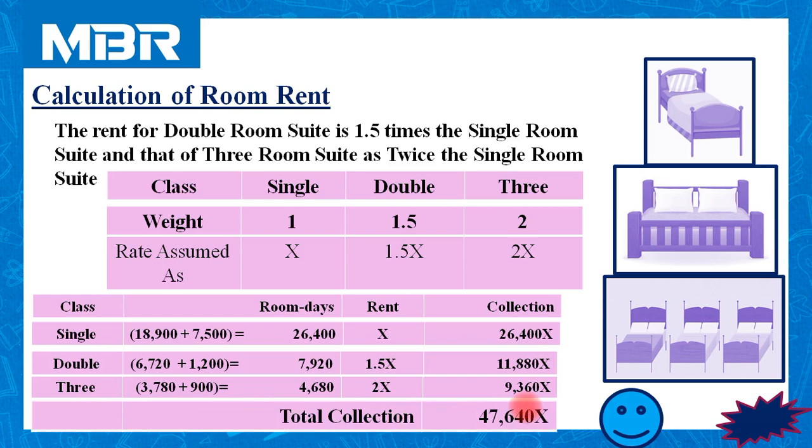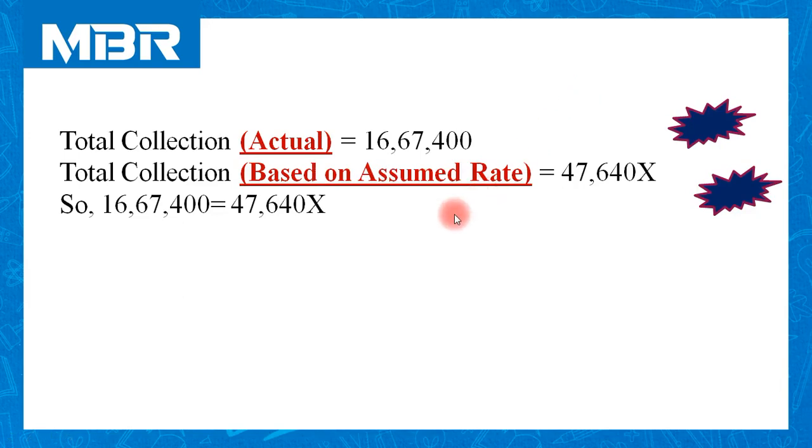So the total collection by the hotel out of single, double and 3-room suites is rupees 47,640x. Let us move to the last part of our solution. Total actual collection is 16,67,400.